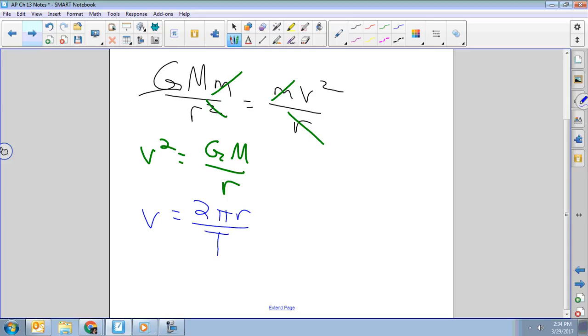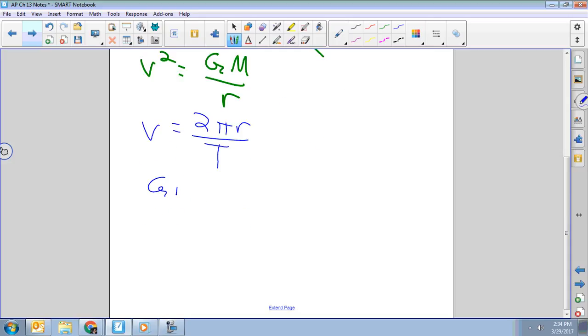So now I've got GM over r equals this thing squared. So that's 4 times pi squared times r squared over T squared. And then solve for T squared and you get that other mess.